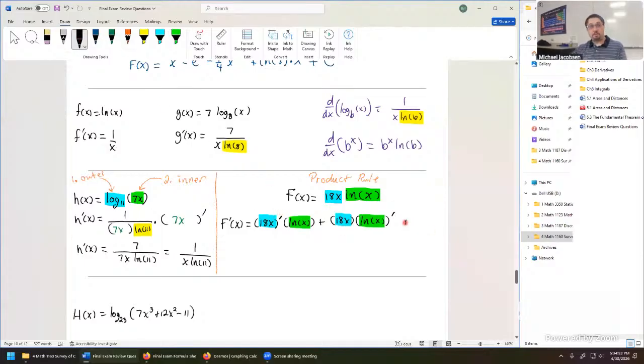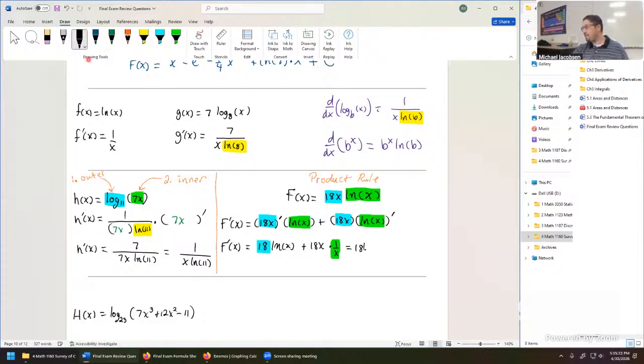Once you have that down on paper, it's just go right through the derivatives. F prime of x is now the derivative of 18x, which is 18, times natural log x. So that's what happened with that derivative there, plus 18x times the derivative of natural log x, which is 1 over x, which means this one has the opportunity to simplify.